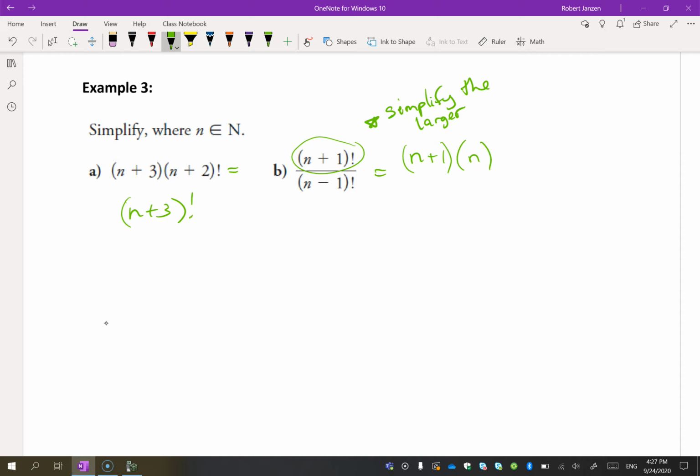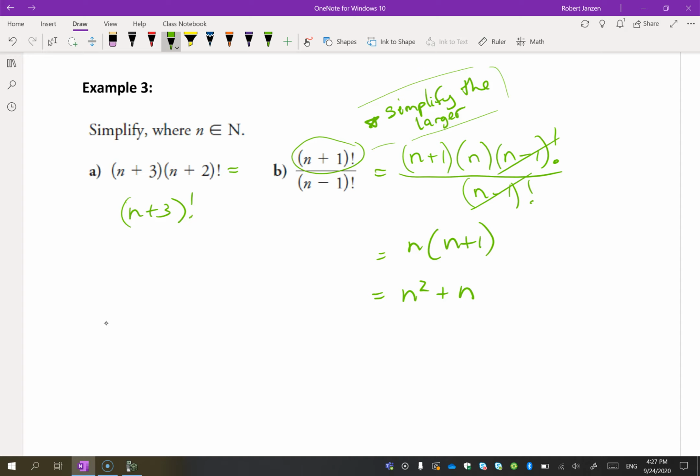What's 1 less than n? n minus 1. I'm going to stop there because I notice that's what the bottom says, and n minus 1 cancels out. So simplified, this is just n times n plus 1, which is n squared plus n. My little clue there: look at which one's bigger.